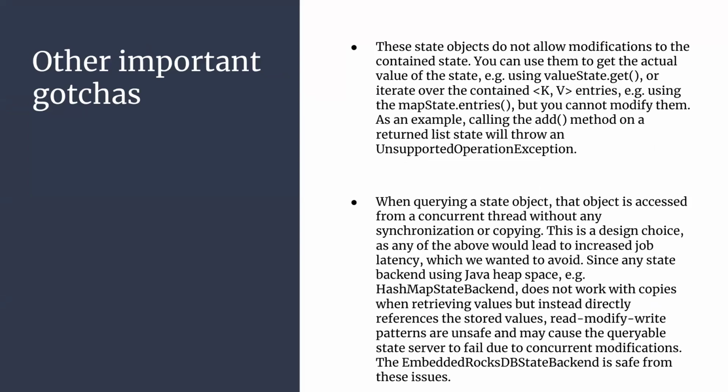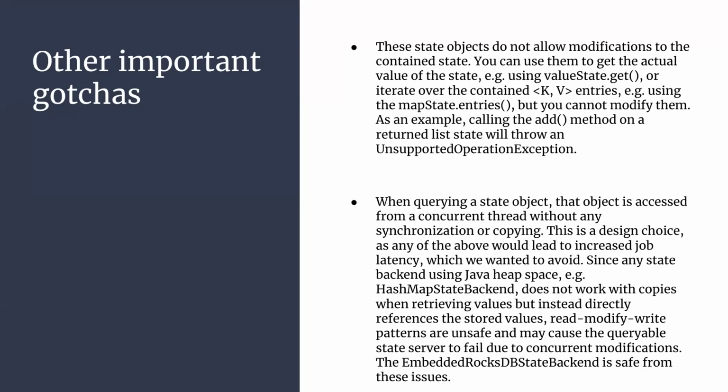Other important gotchas that you should know about, as we said, this is technically a solution around how you look at Flink as a distributed database. So you should know that the state objects cannot be modified. If you try and call an add method on it, you are going to get an unsupported operation exception.